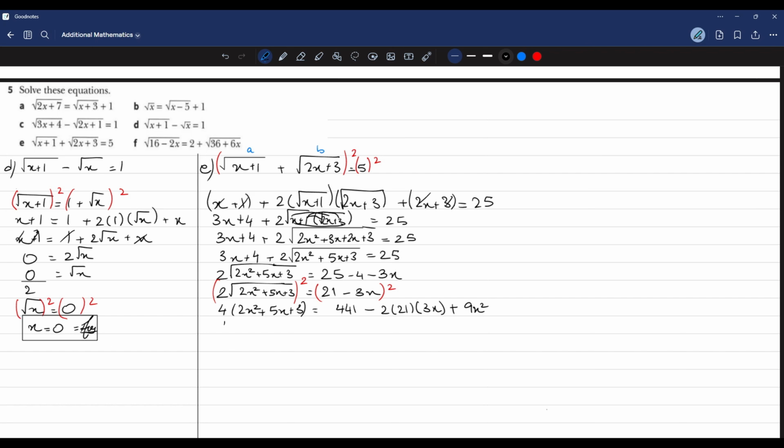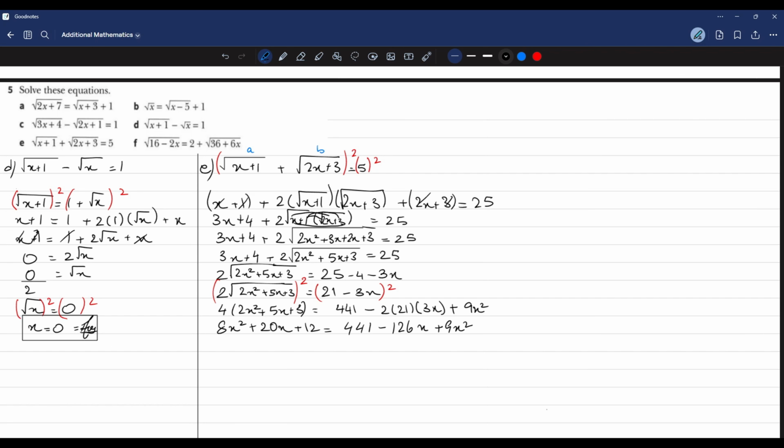We get 8x squared plus 5 times 4 is 20x plus 4 times 3 is 12, is equal to 441 minus 3 multiplied by 2 is 6. 6 multiplied by 21 is equal to 126, minus 126x plus 9x squared.